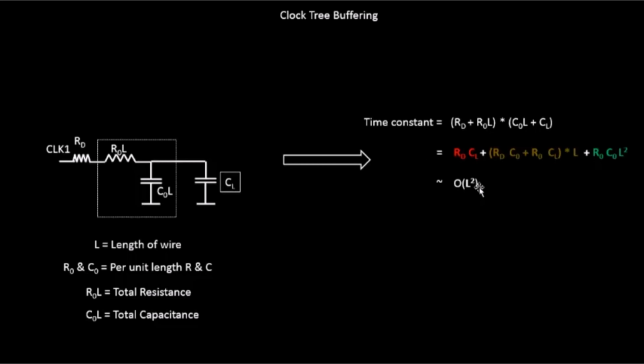So what does this equation actually mean? When we say the time constant is proportional to L square, it means the time required to charge the output load capacitance with this particular length of wire is proportional to L square.